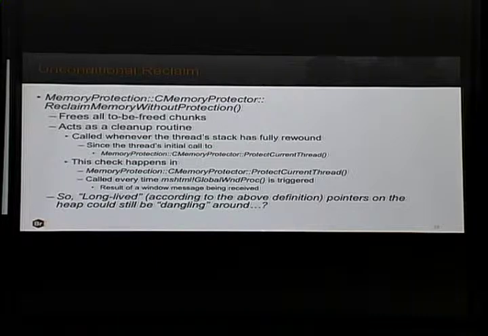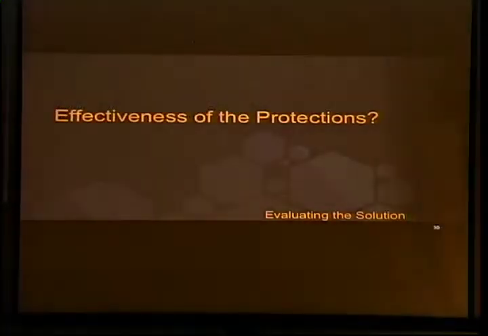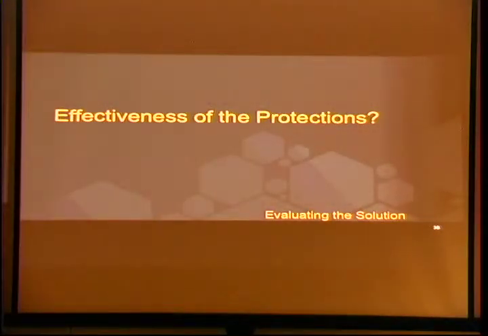Between the isolated heap and delayed free, it does a really good job of stopping a lot of the use after free bugs that are out there, all the short-lived use after free bugs. But with any long-lived use after free bug, where you have just a heap reference to that handle that lives beyond the current call stack, you could still have a dangling pointer that's going to trigger a use after free bug in that situation.